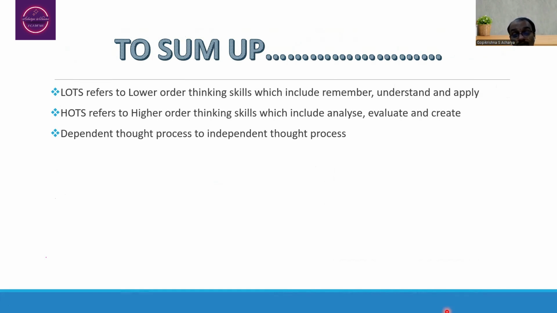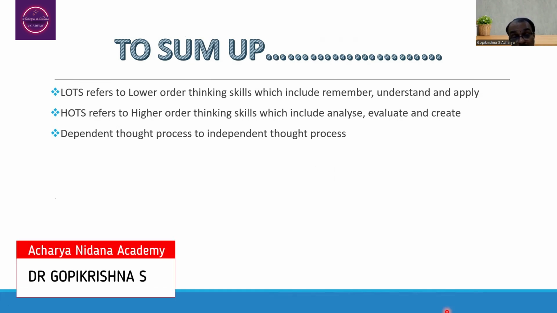Understanding what the ruksha guna refers to, what the laghu guna and shita guna refer to, and applying this: how to apply ruksha guna in tvak, in mahasrotas, in the eyes, how to apply shita guna in the nose, etc. That is the highest level of lower order thinking skills.